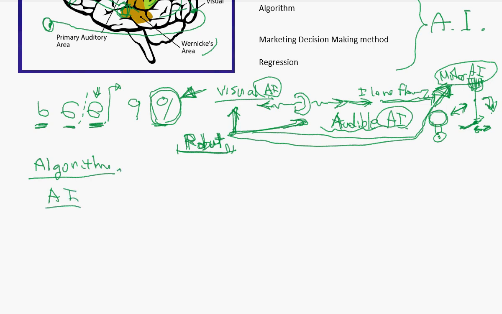Okay, algorithm is like, suppose the person bought a baby product. Then a simple algorithm is, okay, this person may be interested in baby products, so next time he comes to the website, recommend baby products.